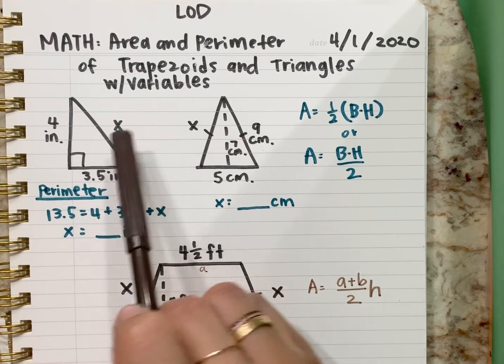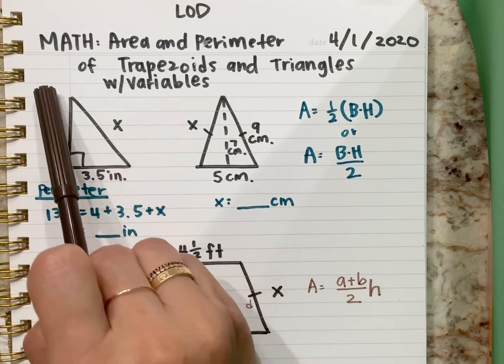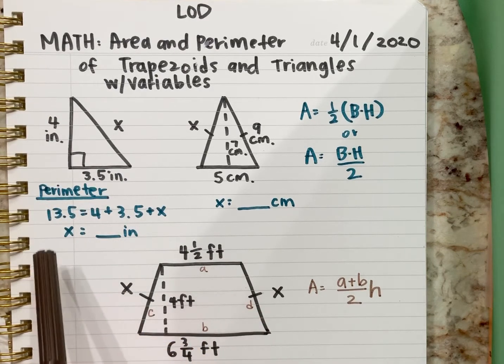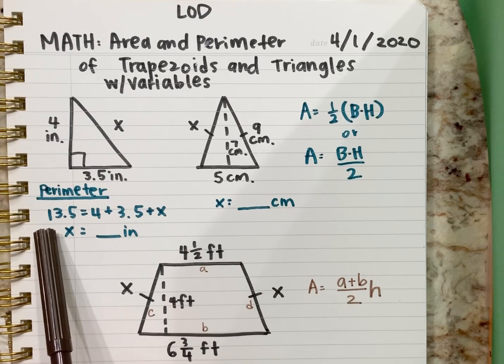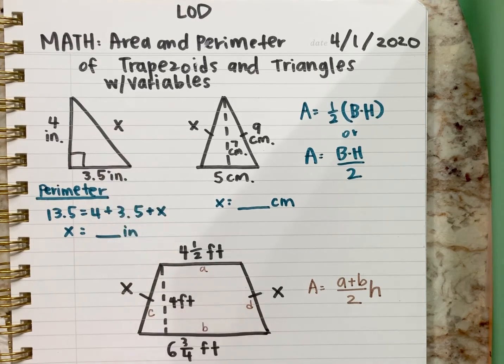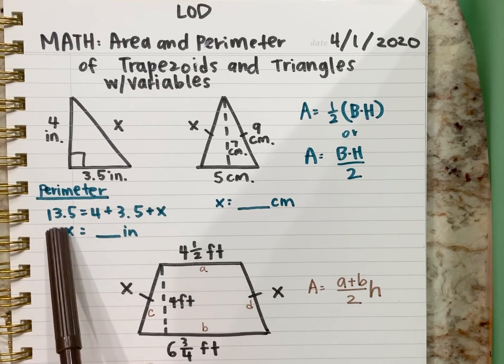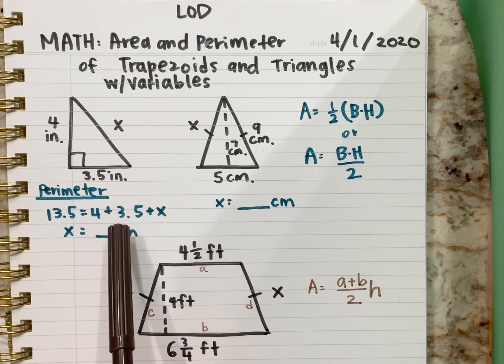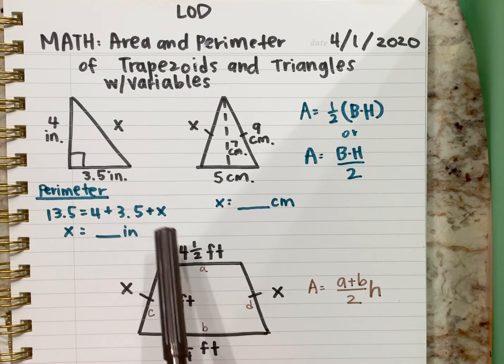And then finally we have x here, the slope. I'm going to provide you with a perimeter algebraic equation to help you figure out what the variable is. So here it is. 13.5 is equal to 4 plus 3.5 plus x.